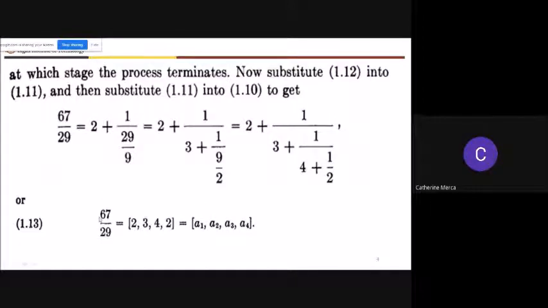Or, just as what we had earlier, 67 over 29 is now equal to the square brackets 2, 3, 4, and then 2, which is your a sub 1, a sub 2, a sub 3, a sub 4. So it's just a series of divisions when you rewrite your continued fraction for 67 over 29.